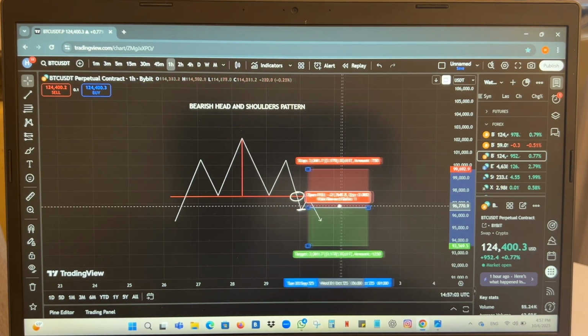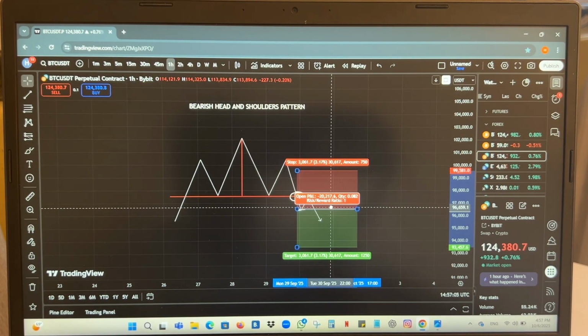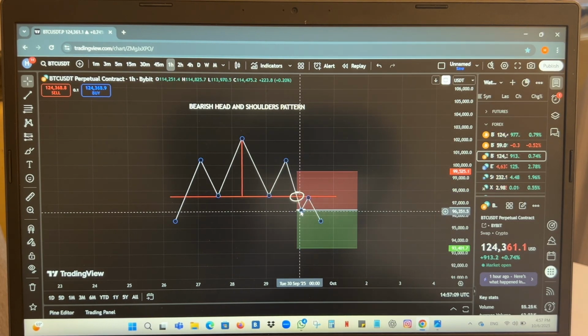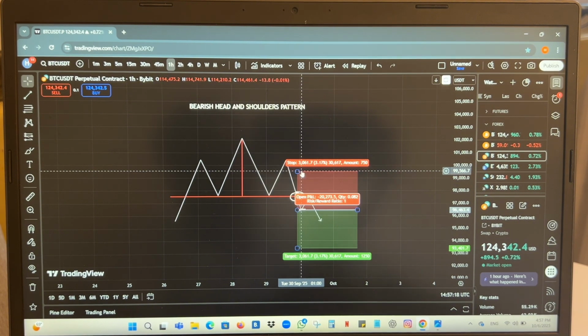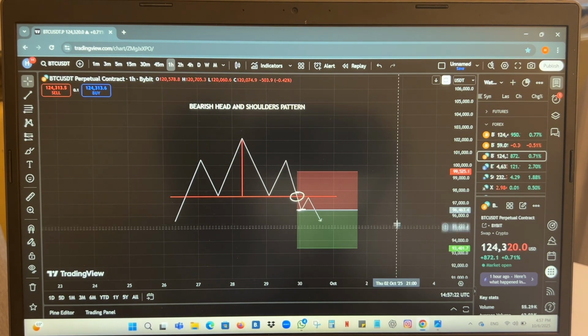Then you put your limit order and wait for it to get hunted. So if this low is hunted by the market, automatically the limit order will be triggered, and then you know that you are in a trade.